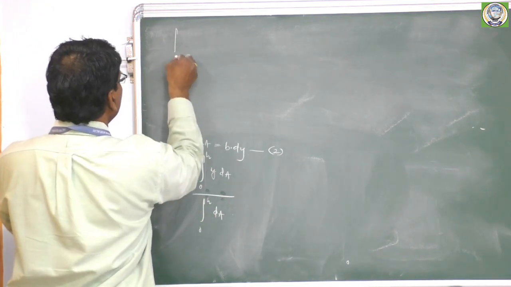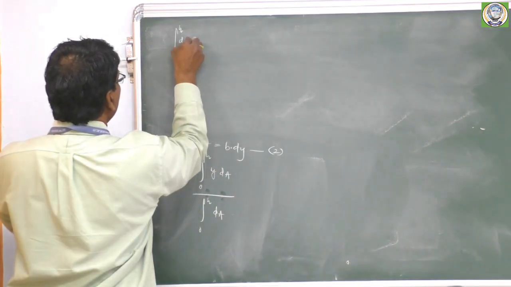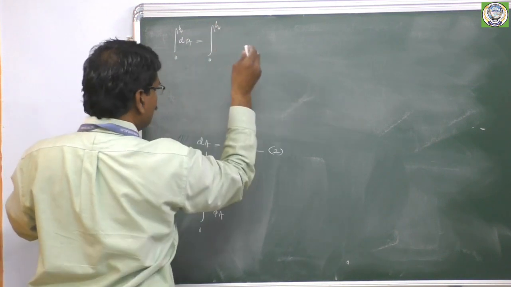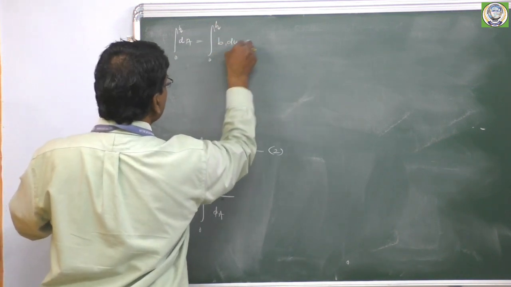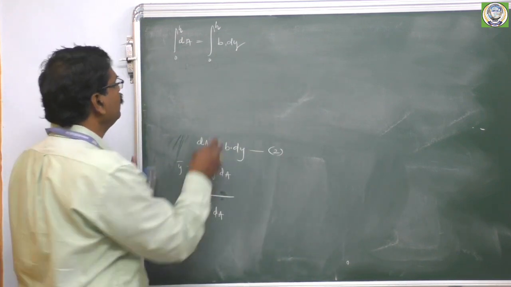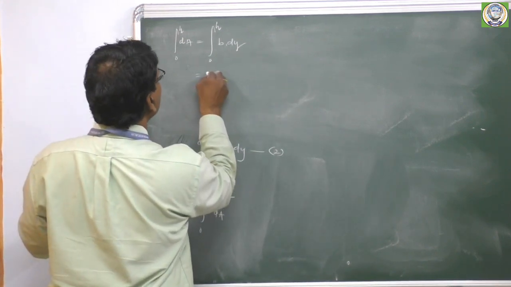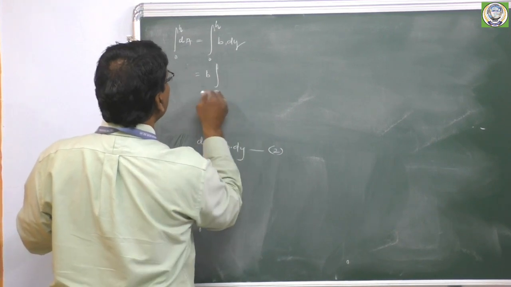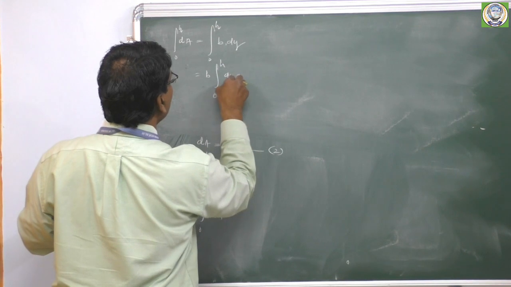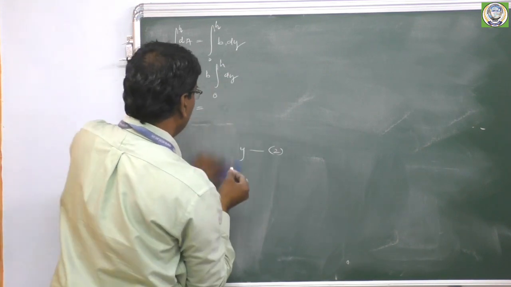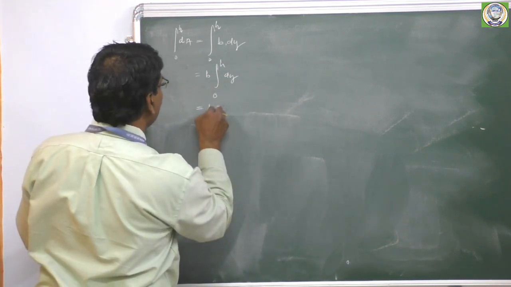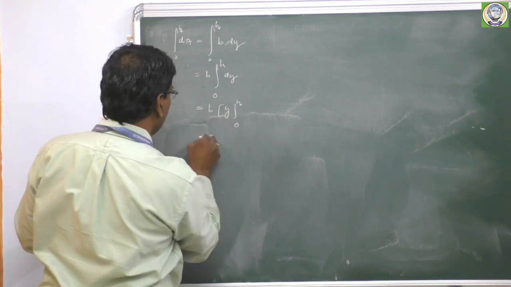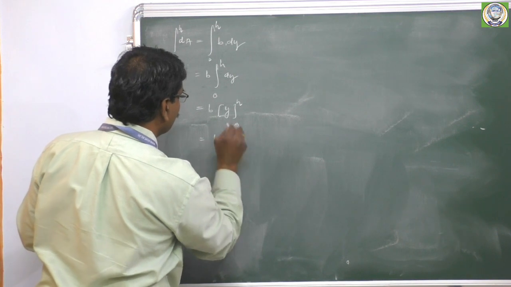Integral 0 to h dA is equal to integral 0 to h b dy, as we already considered that dA is equal to b dy. Now I am integrating this particular part by removing b as constant, b into integral 0 to h dy, that is equal to, we all know that integral dy is nothing but y, therefore y between the limits 0 to h, that is equal to b into h.